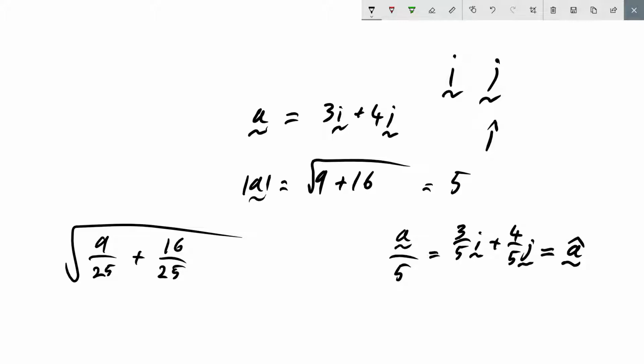We can say i and j are unit vectors like that. Not necessary though. It is perfectly fine to just do this. So, can we come up with some sort of general formula for a unit vector? Of course we can. a hat is going to equal the a vector divided by its magnitude.